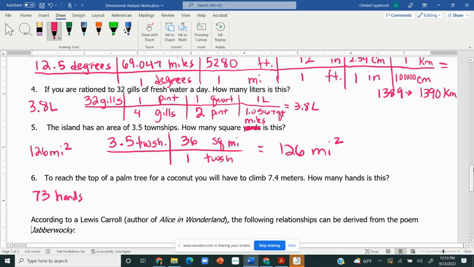Go back and do the brackets. Hands, yeah. If you are ever around horses at all, horses are measured in hands typically. A hand is something easy that everybody had one of.